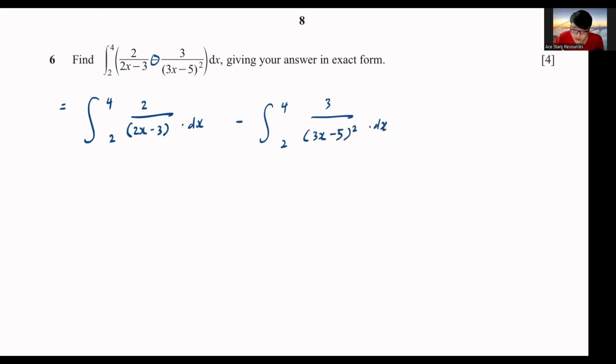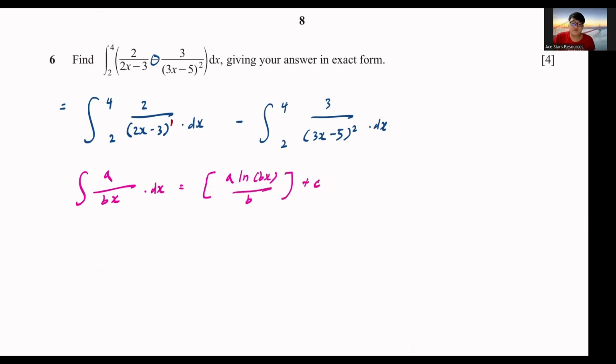Now what are you going to do here? Remember, when the highest order is power of 1, the formula is like this. To integrate a over bx, that's going to be a ln bx, and by chain rule, you divide by b, plus c.